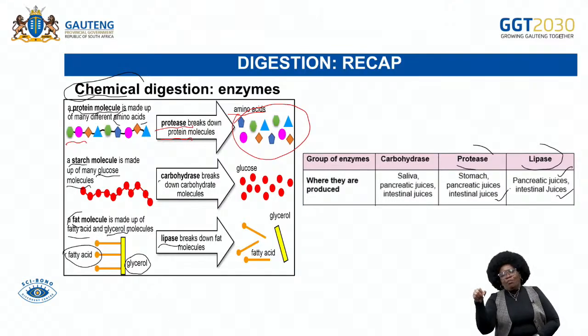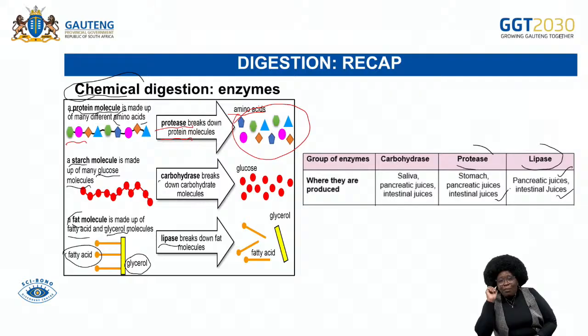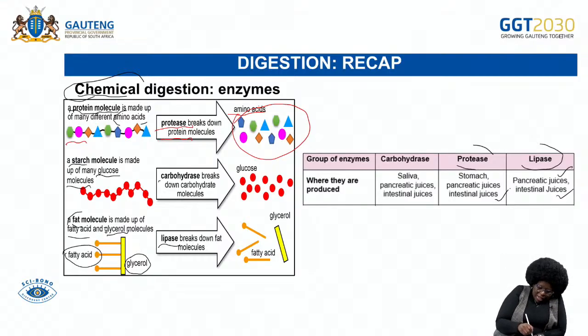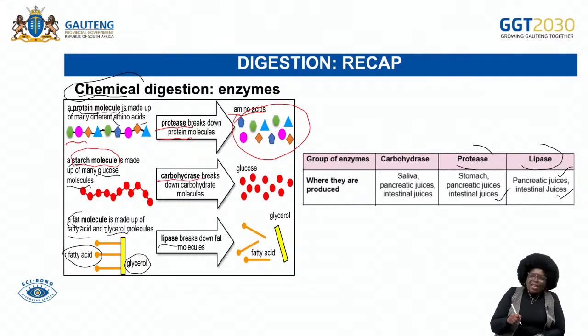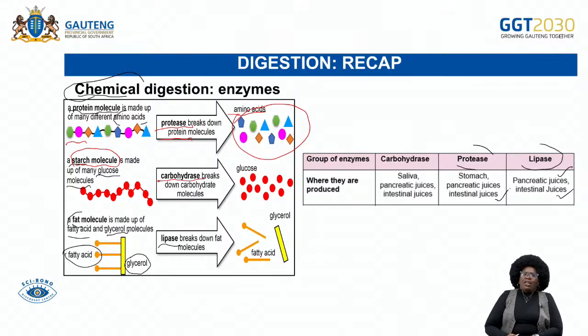Hence, later, when we look at the diagram of the villi, we're talking about where the amino acids are being absorbed in the small intestines, right? They are absorbed in there into the blood capillaries. And a starch molecule, one small starch molecule, it's the carbohydrates. Carbohydrase is the name of the enzyme.